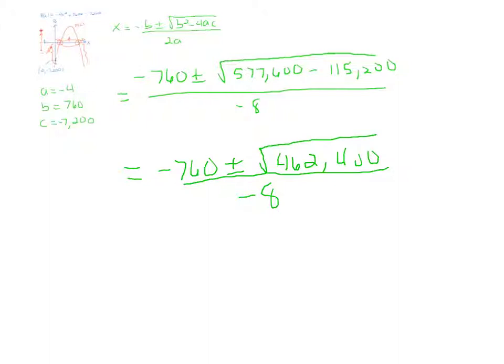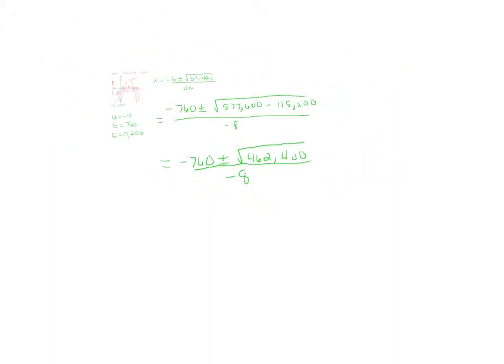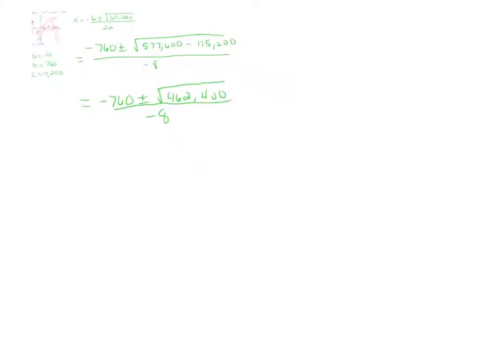So I'm going to take the square root of 462,400 to see if that exists, and it does. This is the same thing as negative 760 plus or minus, I got 680.